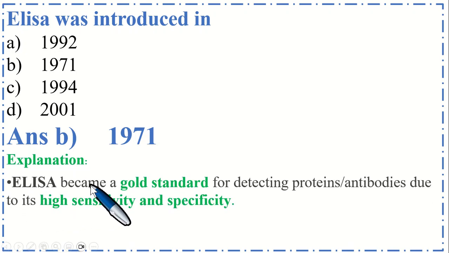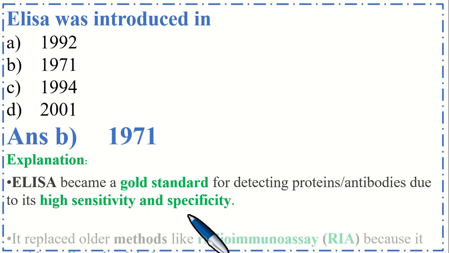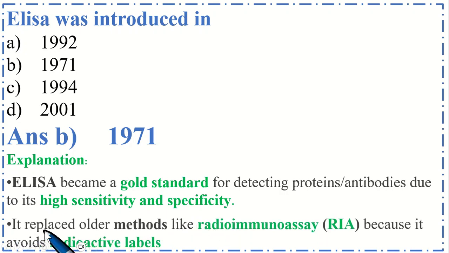ELISA became a gold standard for detecting proteins and antibodies due to its high sensitivity and specificity. It replaced older methods like radioimmunoassay (RIA) because it avoids radioactive labels.